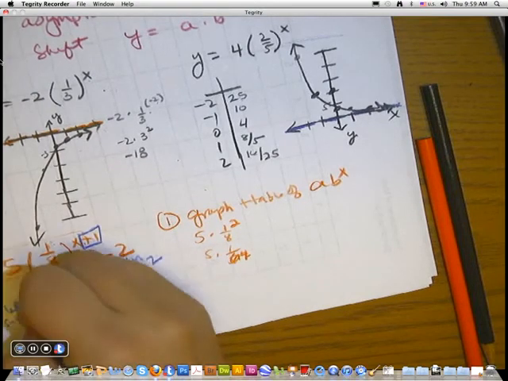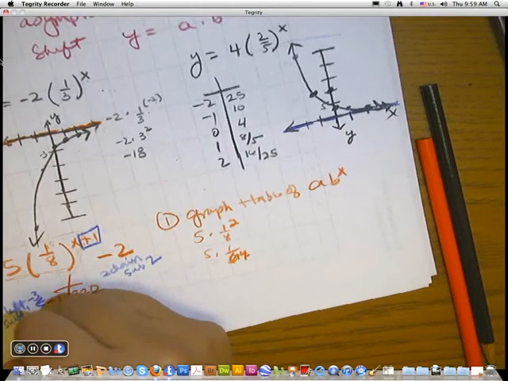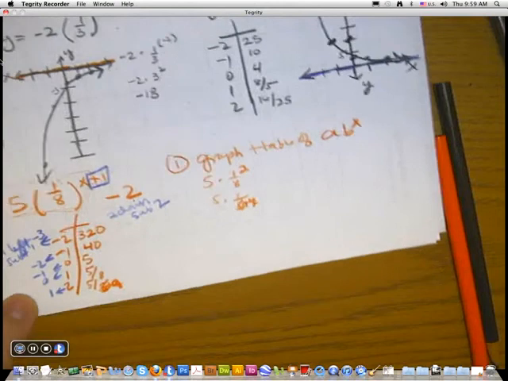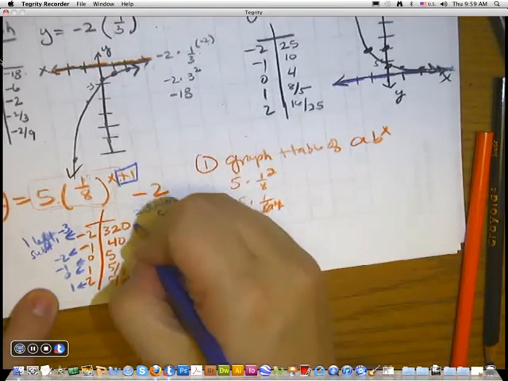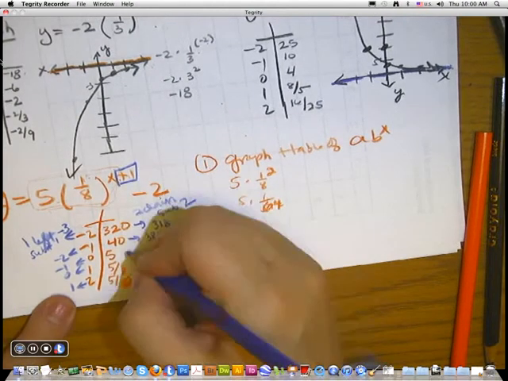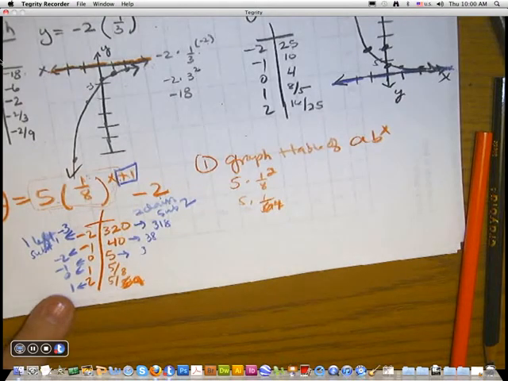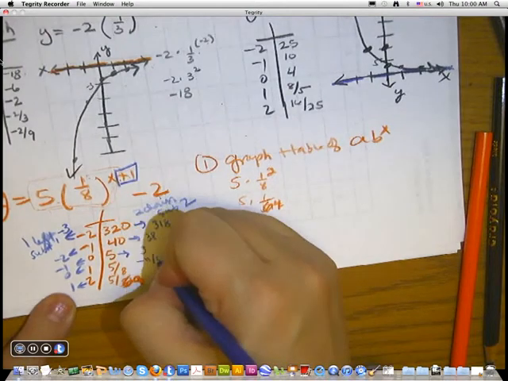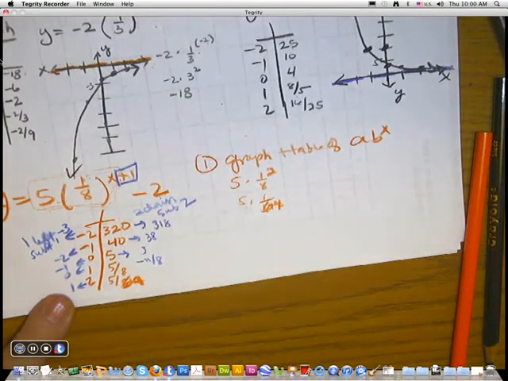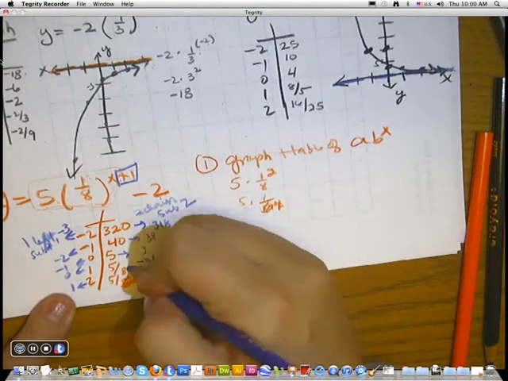So a -2 becomes a -3, -2, -1, 0, and 1. 320 minus 2 becomes 318, 40 becomes 38, 5 becomes 3, 5/8 subtract 2 is -11/8, and 5/64 subtract 2 is -123/64.